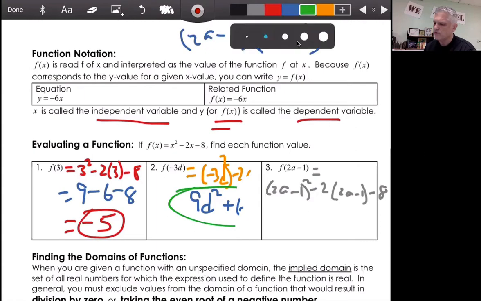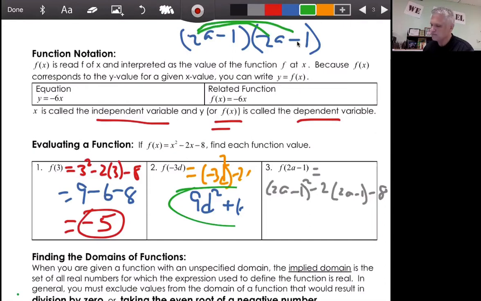If you remember how to FOIL, first, outer, inner, last, it's just a distributive property. So 2a, we're going to multiply it by 2a and by minus 1. Okay. So 2a times 2a is 4a squared. 2a times minus 1 is minus 2a.